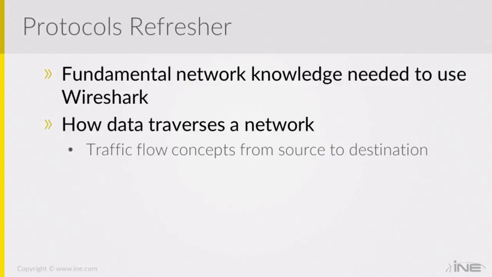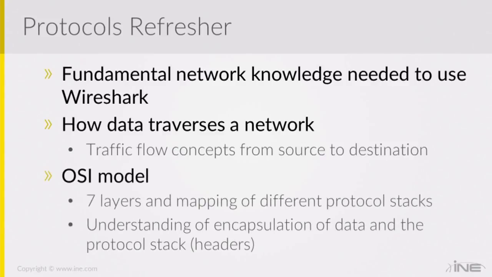If DNS is being used, does that mean that it's definitely using UDP? The answer would be yes, unless you're doing a zone transfer on TCP. So understanding how these protocols work, the traffic flow, and the concepts of sending data from a source to a destination or multiple destinations, is absolutely critical to using this tool.